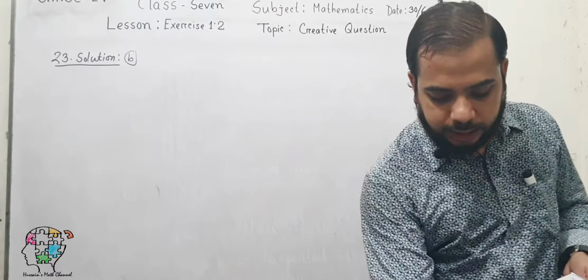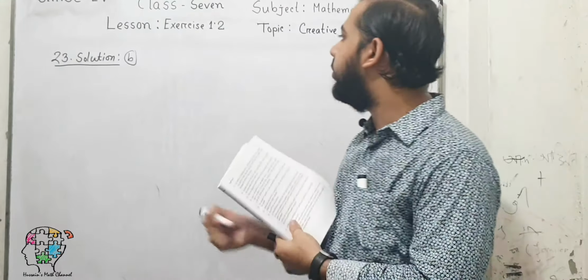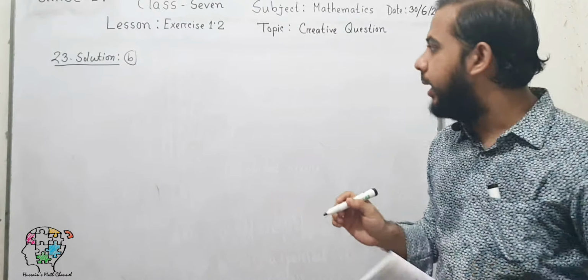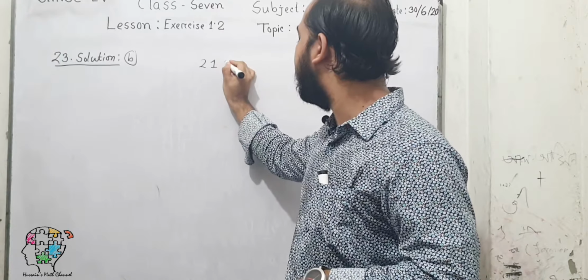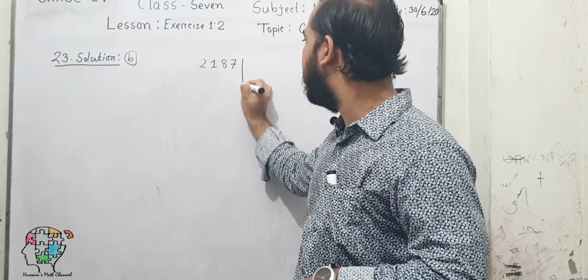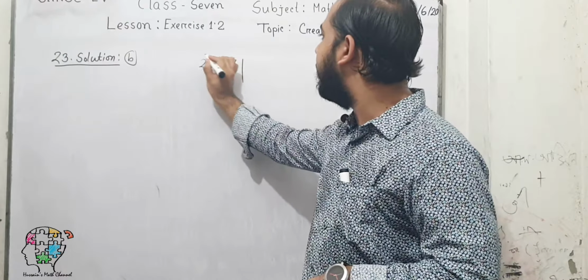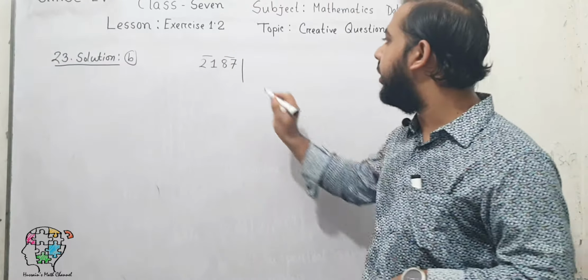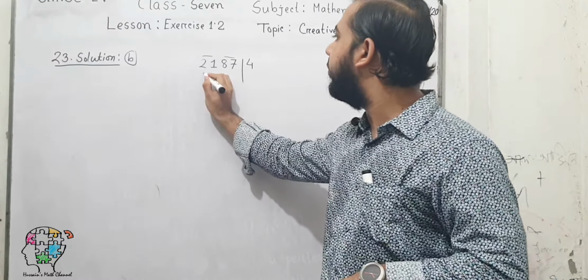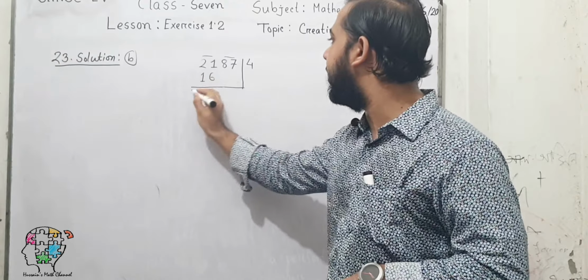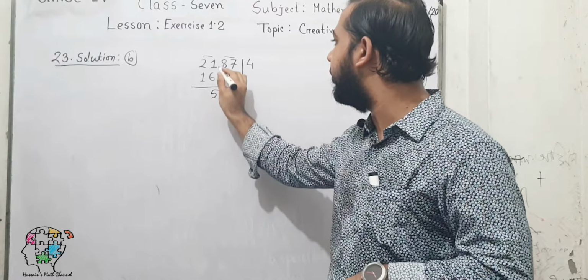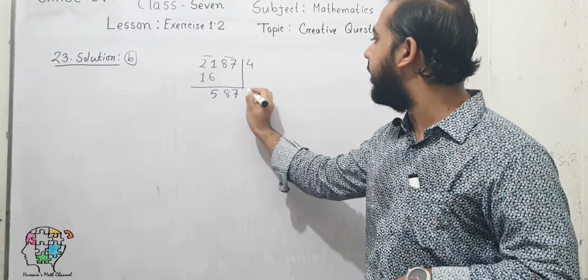That means now we have to check whether 2187 is a perfect square number or not by finding the square root. So if we make pairs, there will be 2 pairs. At first we take 4 times 4, which is 16. Now at first we have to subtract and put down the next pair.